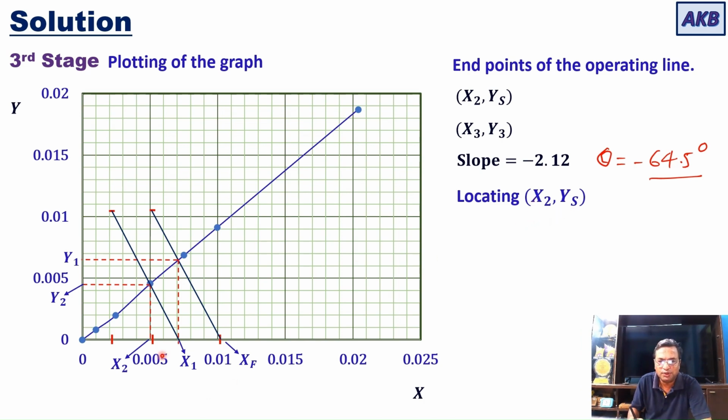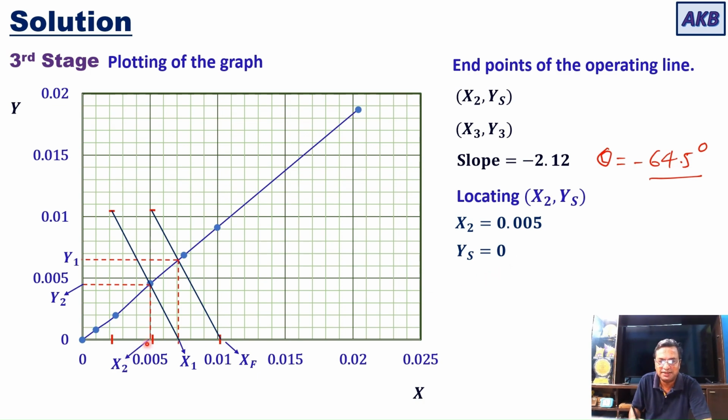Okay. And first we will have to locate the point X2, Ys. So the point is over here. X2 and Ys is 0. That means the operating line for the third stage will start at this point. And I will use the approach of using the definition of tan theta. So capital X2 is 0.005 over here, Ys is 0.